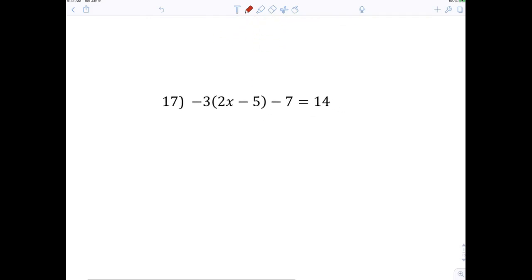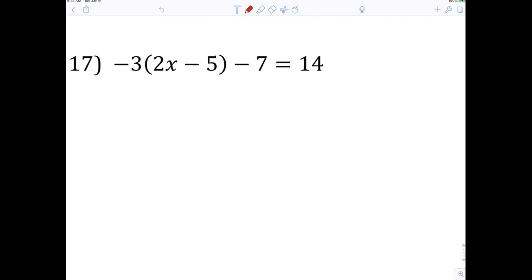All right, here we go. 17. Now be careful with the negatives here when you distribute. When you distribute the -3 here, and then you distribute the -3 here: negative 6x plus 15 minus 7 equals 14.